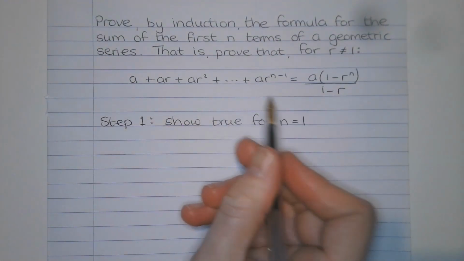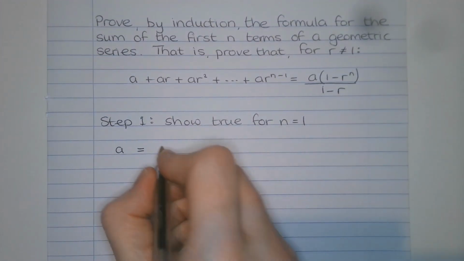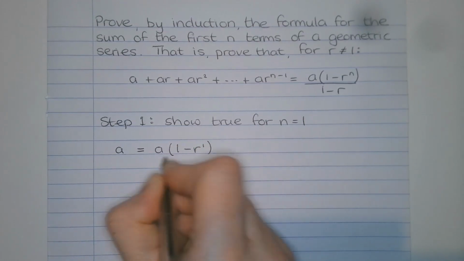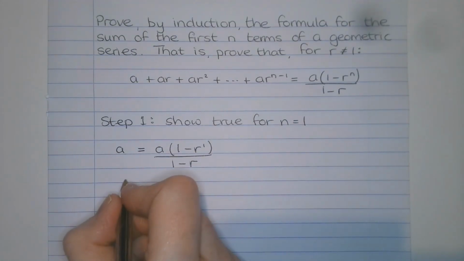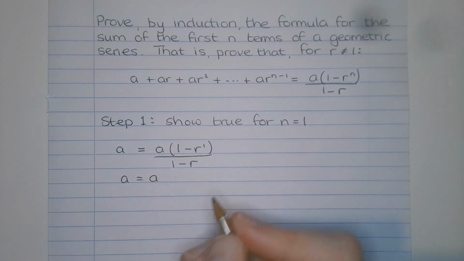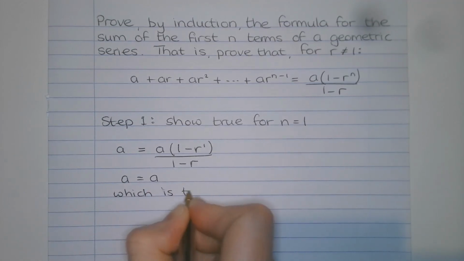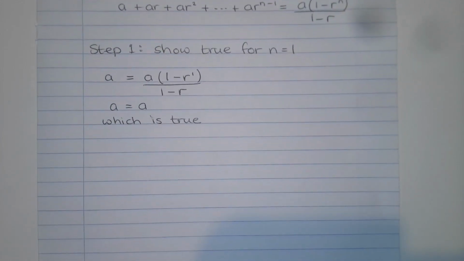So when n equals 1, we will just have a equal to a(1 - r^1) over 1 - r. 1 - r is cancelled. We're left with a is equal to a, which is true. So it works for n equals 1.